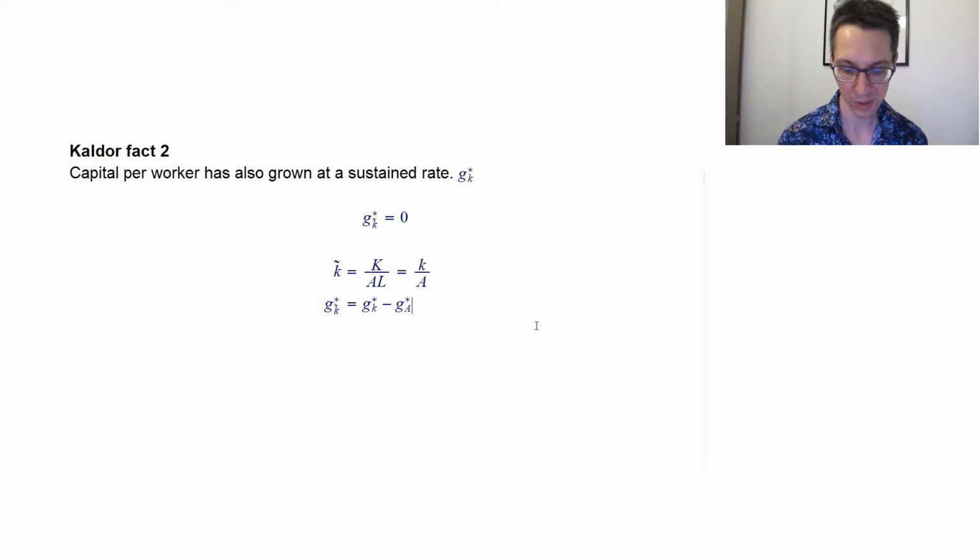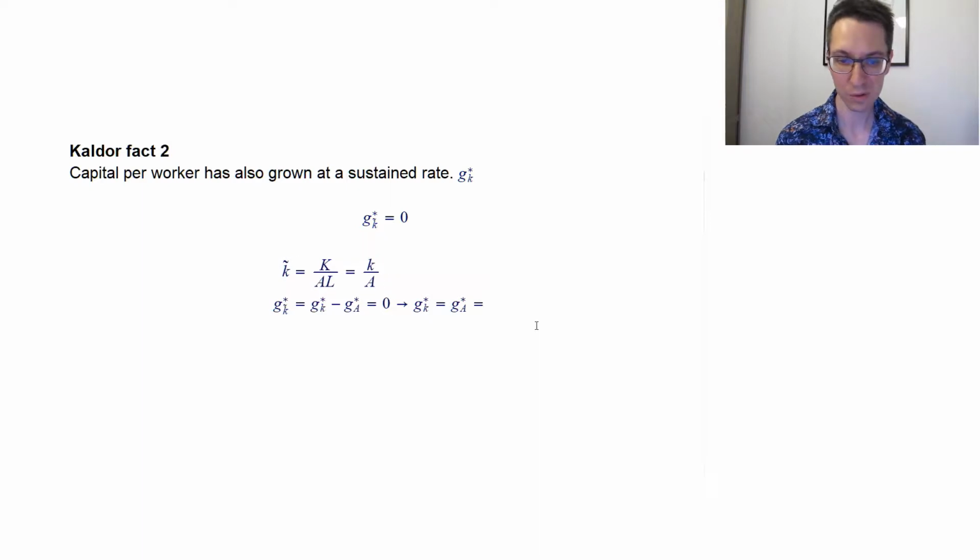And this has to be equal to 0 on the balanced growth path. So what we know is that the growth on the balanced growth path of capital per worker is equal to the growth of technology and is equal to g.